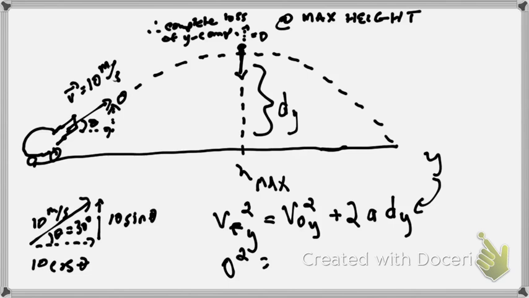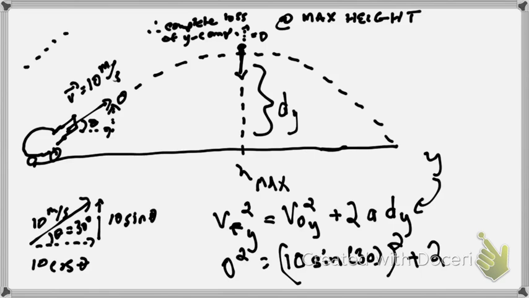So 0 squared is equal to 10 sine of 30, and we can square this, and we can take 2 and multiply by acceleration, right? Any object that is in the air will always experience acceleration downwards, because of gravity. So acceleration is 10 meters per second squared. So 2 times acceleration is going to be 10 times the variable that we're solving for, right?